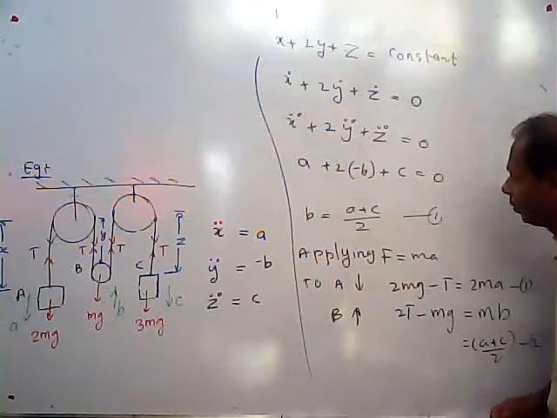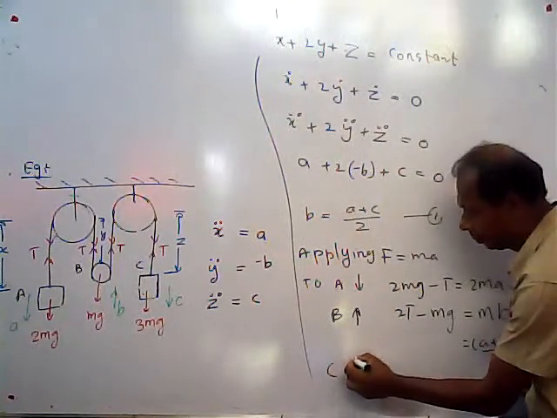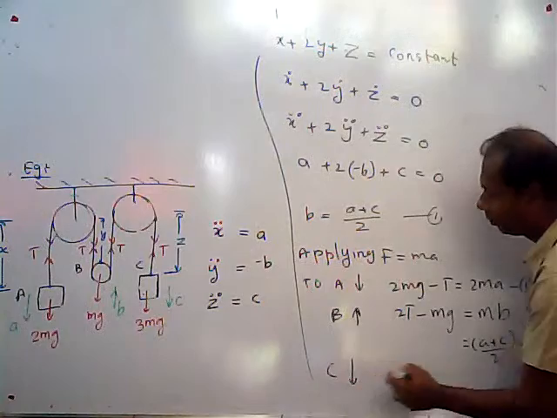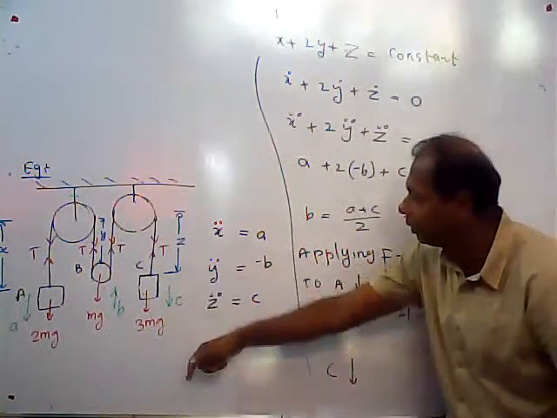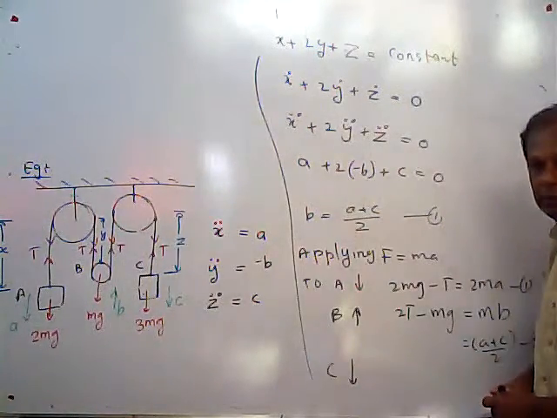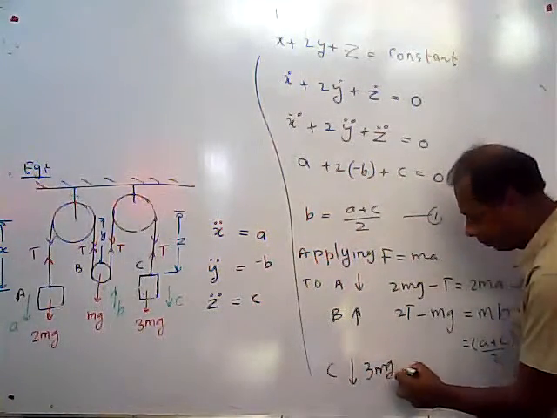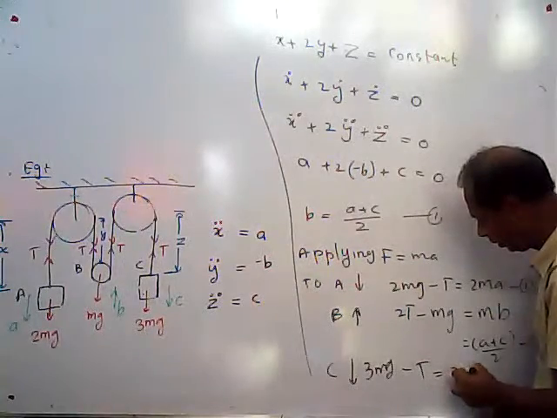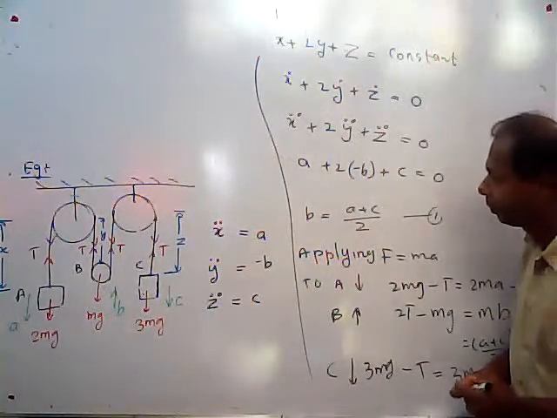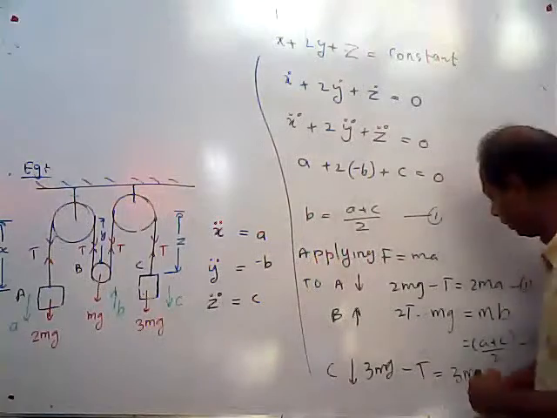I go to C and apply downwards. C downwards: 3mg minus T equals 3mc.